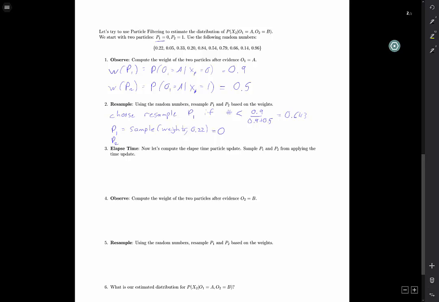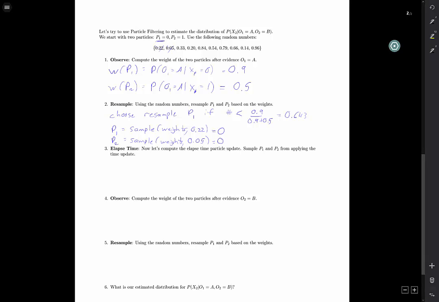Now for P2, we sample again from the weights, and we use the next random number, since we already used that one. Now we're going to use 0.05. This is also less than 0.643, so we're going to sample what particle P1 was, and P1 was 0. Okay, so now both particles are 0.